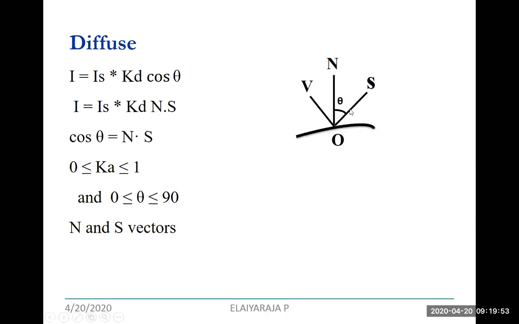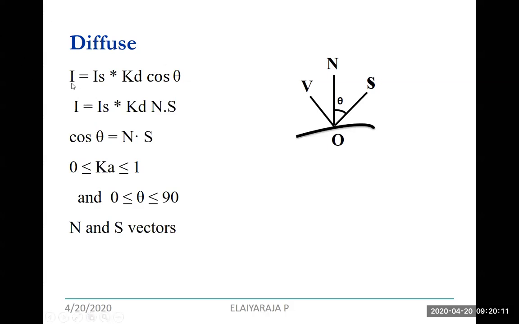The angle between the source of the light hitting the surface and the normal vector, you can consider as theta. The attenuation factor you are going to calculate, right?